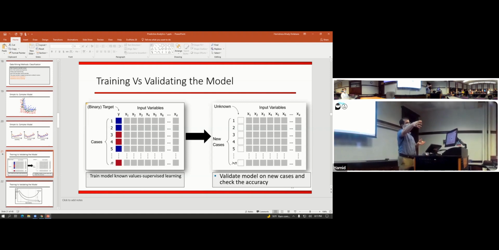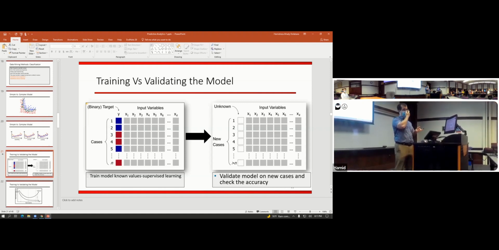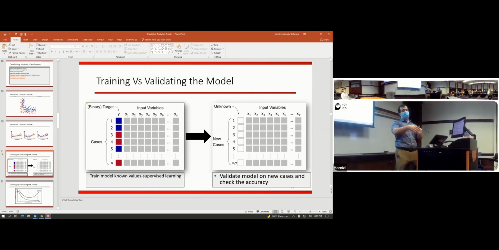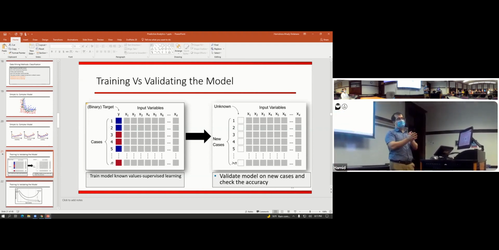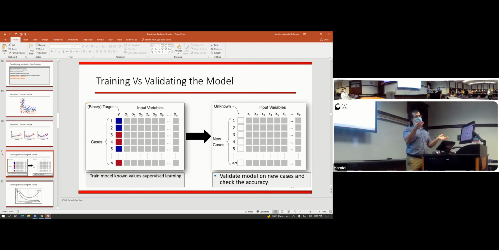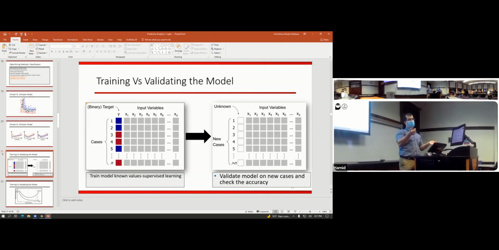You introduce a new data set from other sources, which we call the test set. When you look at the performance of your model in all 3, the train set, validation set, and test set, if you have high accuracy in all of them and they are pretty close, you have a good model.